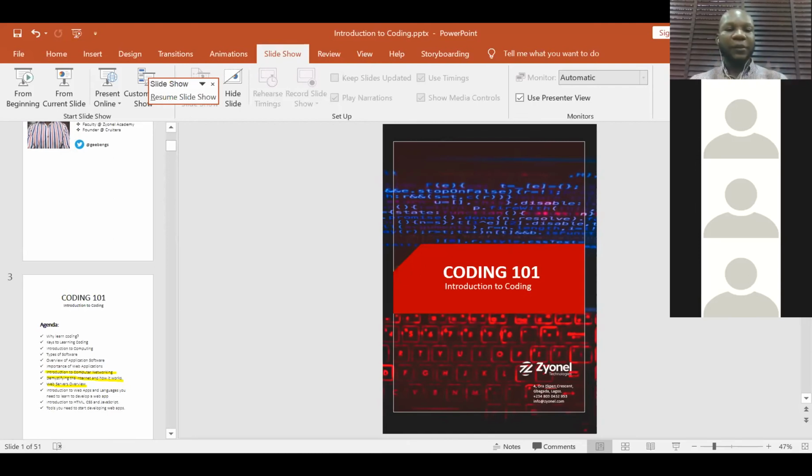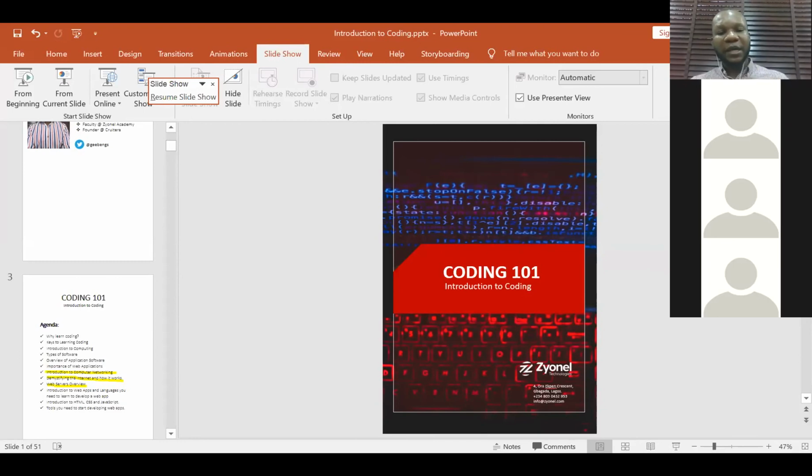Like I said, this is just a refresher course. So we're not going to be drilling down into all of these things. This is just to make you aware. You can't say you want to learn coding and not know the hardware that you actually use to code. Or you can't say you want to instruct a computer and tell it what to do through code and not know the components of the computer.